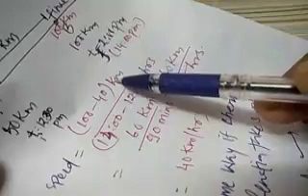The speed is equal to the final kilometers, that is 100 kilometers, minus initial kilometers, that is 40 kilometers, divided by the final time, that is 14:00, minus the initial time, that is 12:30. If I convert this time into minutes, it turns out to be 90 minutes.